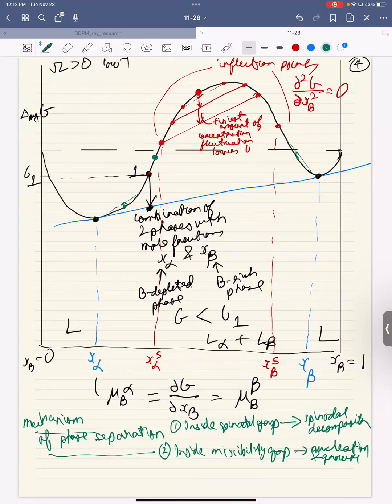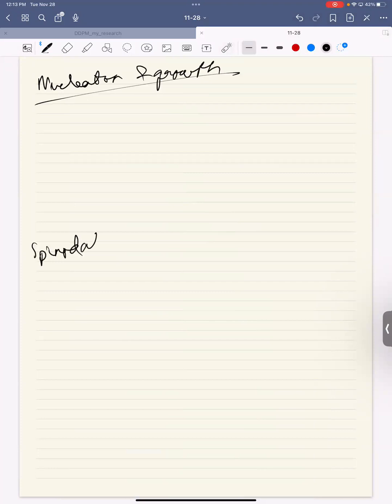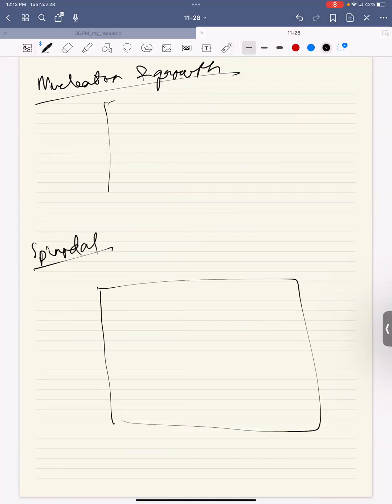Sometimes these things can be kinetically stabilized, so even though it's not thermodynamically stable, you might see it for very, very long times. Nucleation and growth versus spinodal: if you look at the structure of the phase separated material, it's going to look something like this.